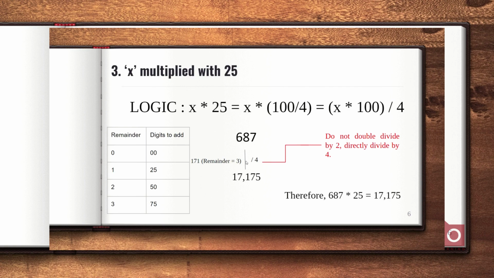So 687, when we first divide it by 4, we get 171 and a remainder of 3. Now this remainder 3 decides which digits we need to add at the end. That is, if the remainder is 3, we add 75 to this number, which means that it becomes 17,175.